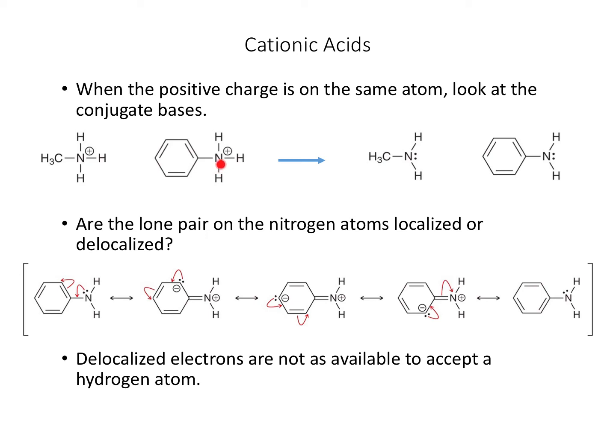In this case, the positive charge is on a nitrogen, and in this case, the positive charge is also on a nitrogen, so the electronegativity of nitrogen won't help me. And so in this case, I want to look at the conjugate bases. The conjugate base of this one, take away an H plus and we get this. The conjugate base of this one, take away an H plus and we get this.